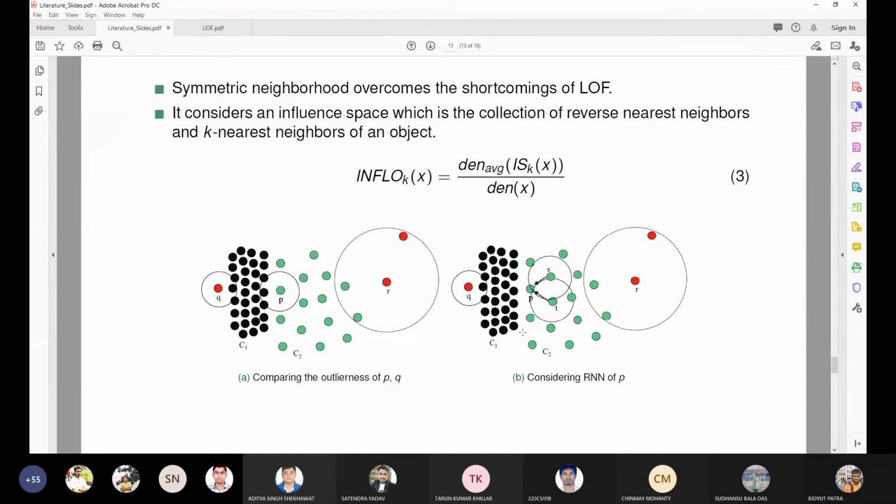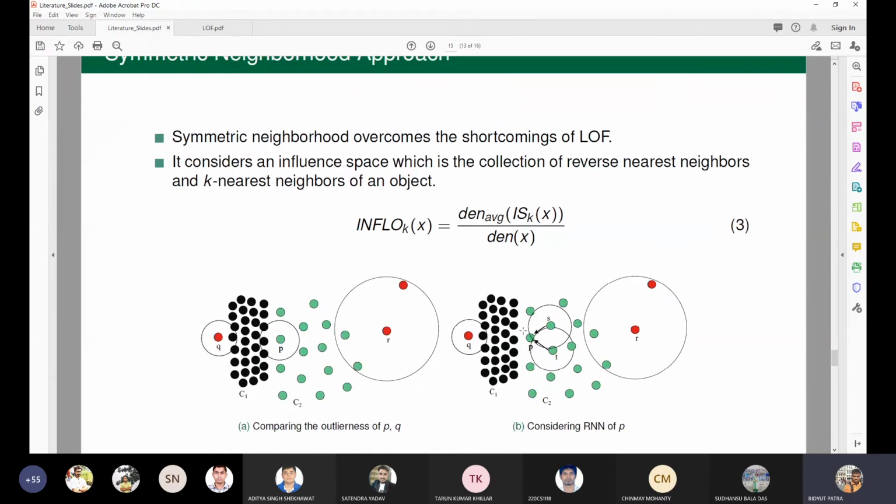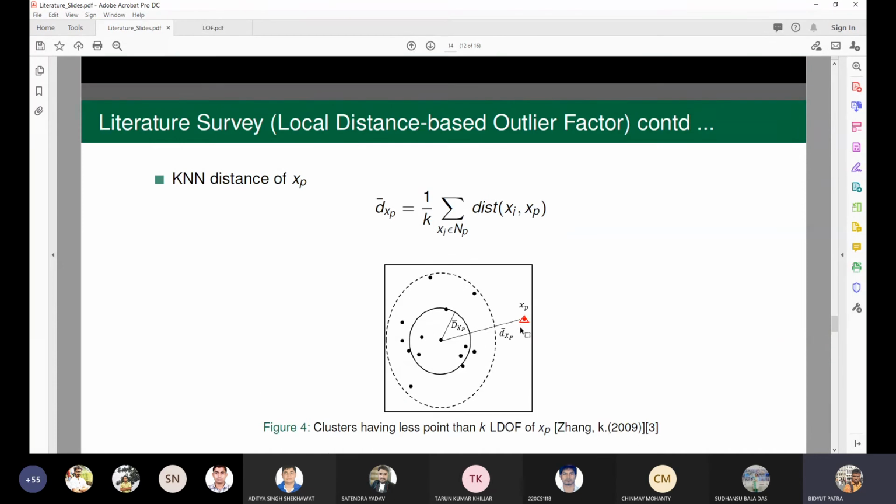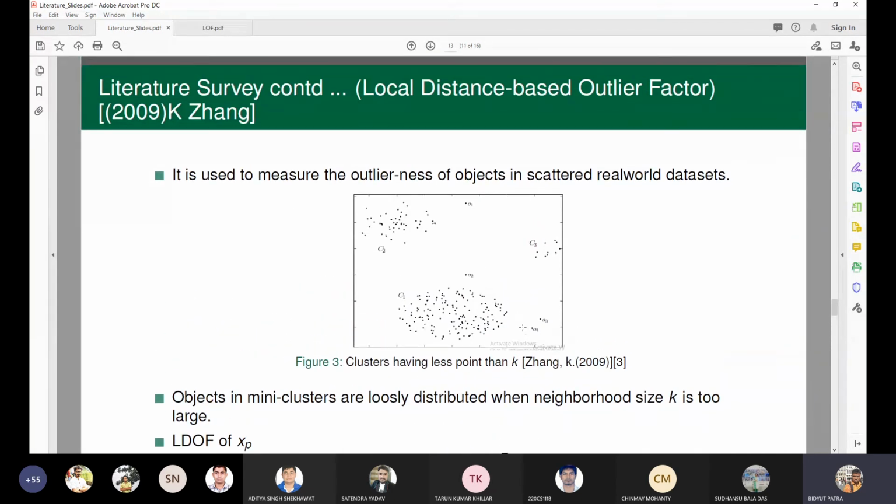Okay. So in 2009, we have another work, a paper published in PAKDD, another good conference. They said LOF is good, but the problem with LOF is it cannot identify the outlier in a sparse region.